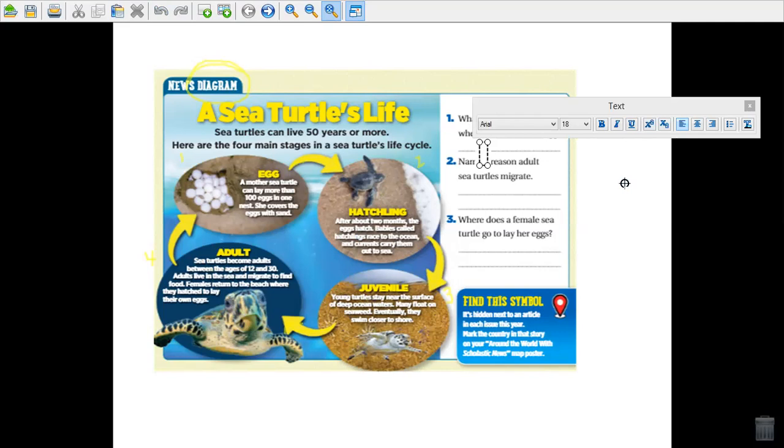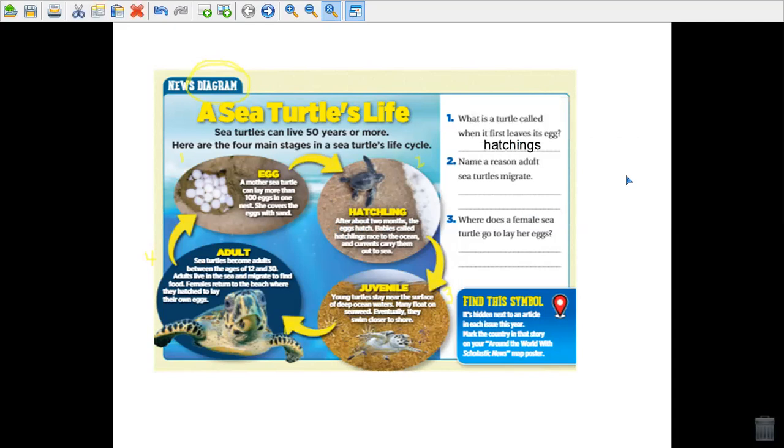If you went to stage 2 of a sea turtle's life and saw that it says after 2 months the eggs hatch, babies called hatchlings race to the ocean, and you put hatchlings down for question number 1, then you have been a great detective. I'm going to highlight it. It says after 2 months, the eggs hatch, babies called hatchlings race to the ocean.